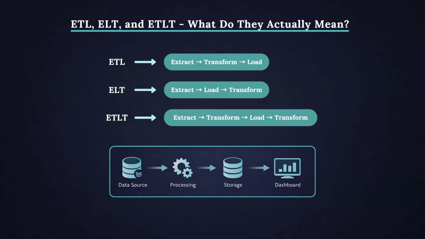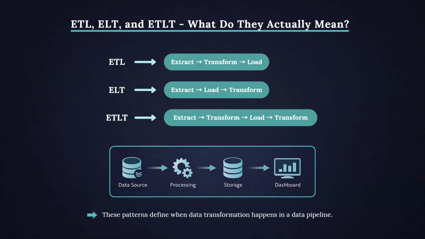And that change in order is exactly where ETL, ELT and ETLT come from. So instead of memorizing these terms, we will focus on understanding why and when each approach is used. So now let's dive into each one of them.